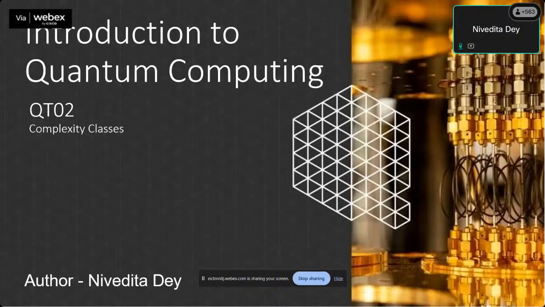But today, what we aim for is to understand the basics of the complexity classes, which is a very fundamental thing for us to understand why we need quantum computing, not the technology, not the algorithm, but directly the computing part. So for that, we will be understanding a little about automata theory.